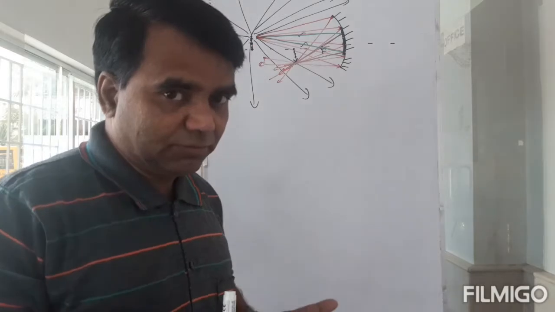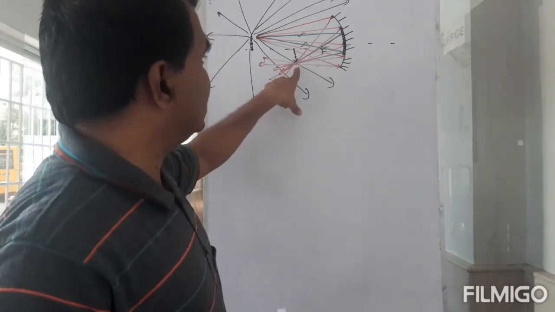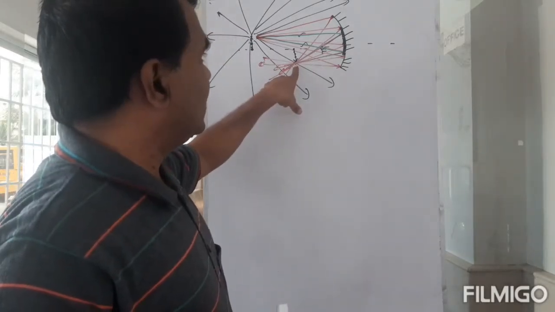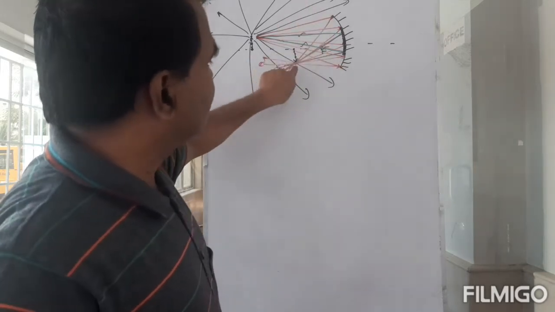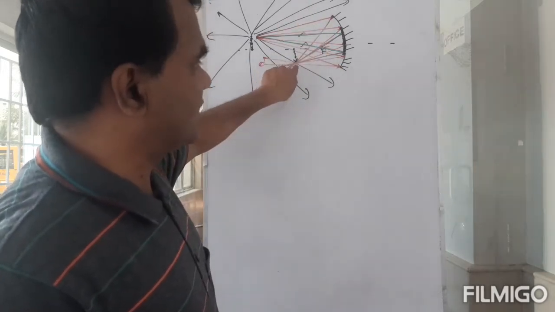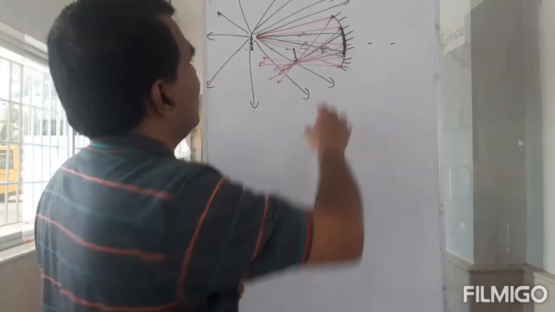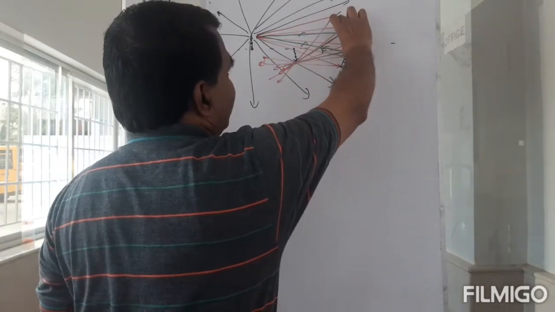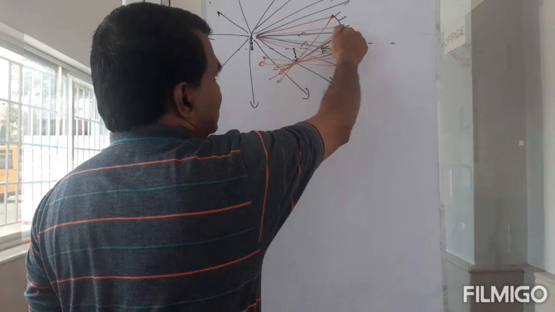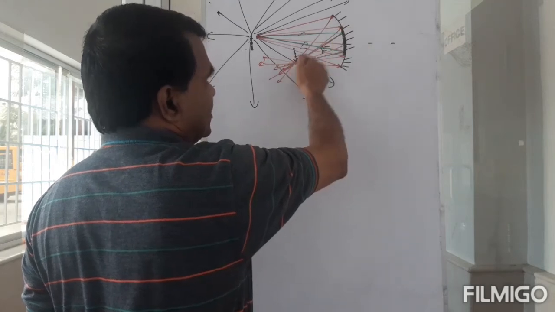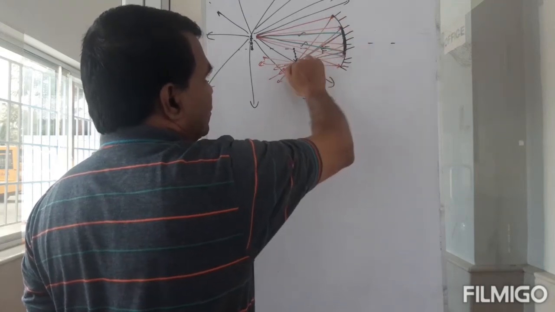But what is the difference? You see, this point previously was very bright. Why? Because all the lines were converging here. They met here. But notice, the lines that fall on this blackened area, they won't get reflected. So those lights will not contribute to the brightness. They will get absorbed here. They won't come here.